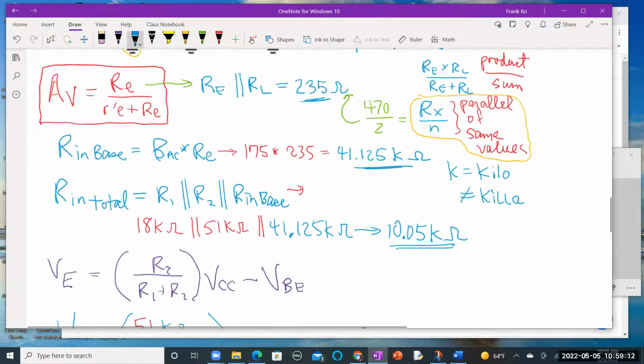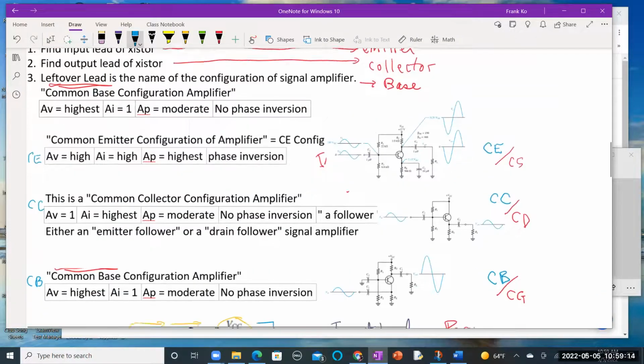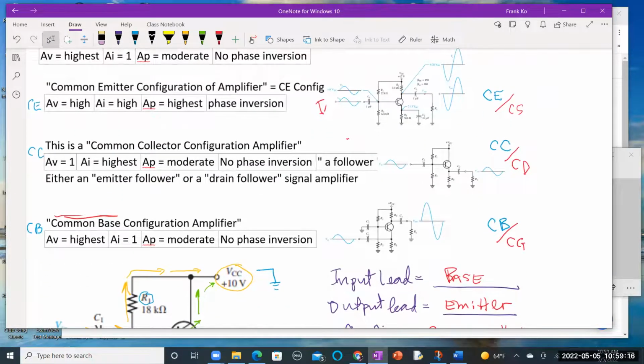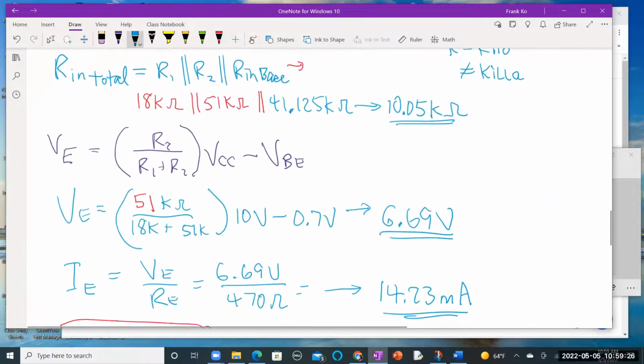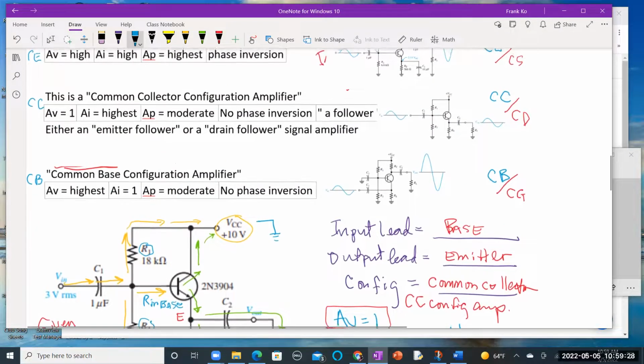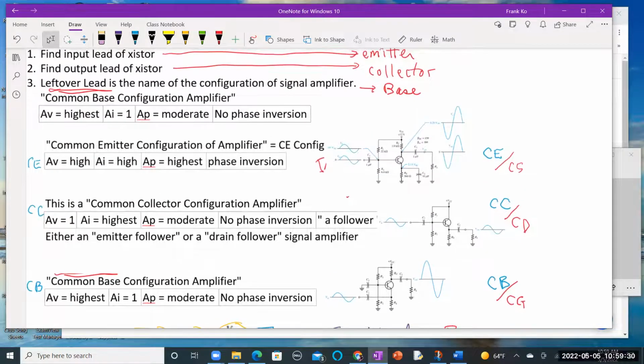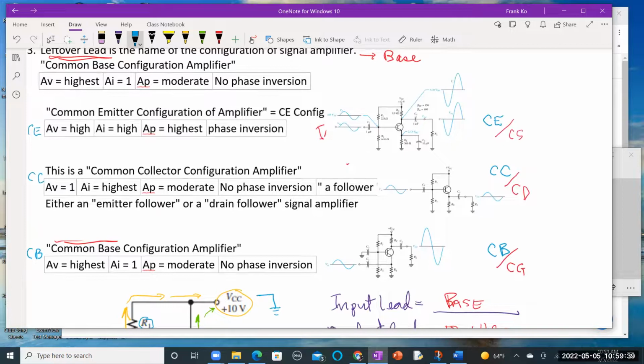And let me double check that upstairs. Drain, hold on one sec. We have drain out on the source. Oh, common drain follower. Drain follower, what did I write down before? Okay, because our drain is on top, source is on the bottom, and common drain.